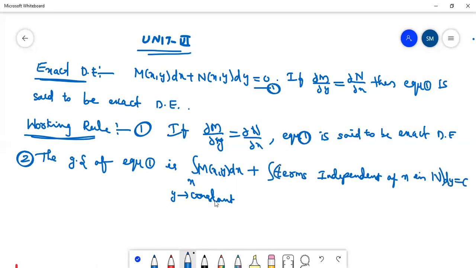That is nothing but only y terms. These 2 steps we can follow for solving the exact differential equation.